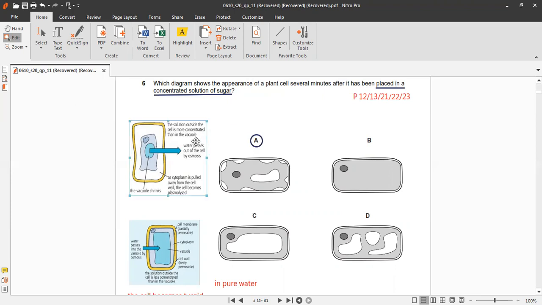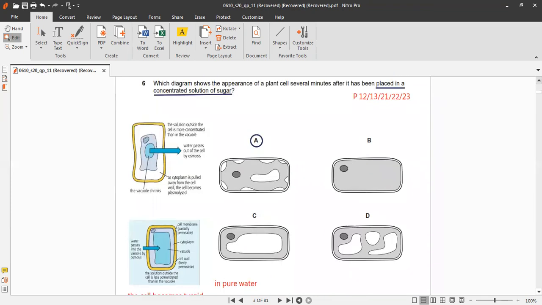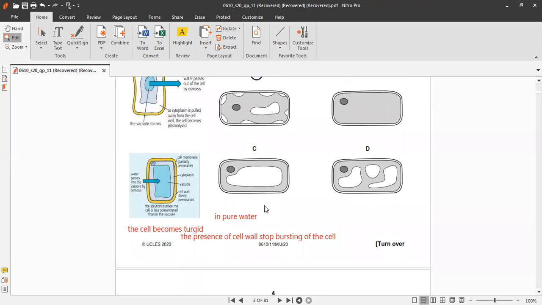So water passes out of the cell by osmosis. For the same question, which diagram shows the appearance of a plant cell several minutes after it has been placed in pure water? The correct answer becomes C. So the cell becomes turgid.